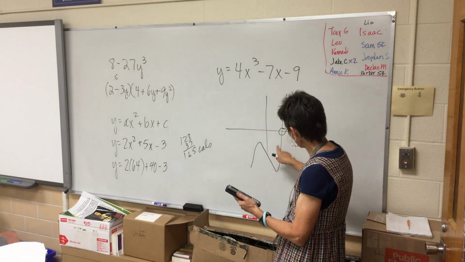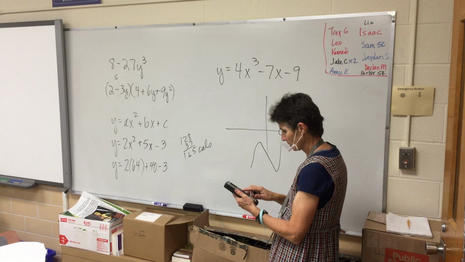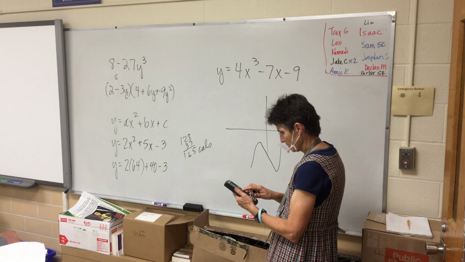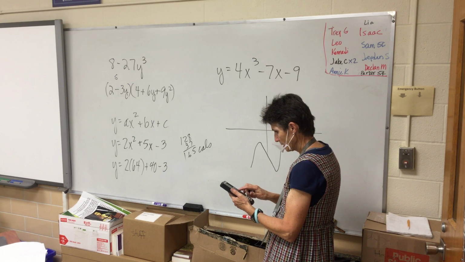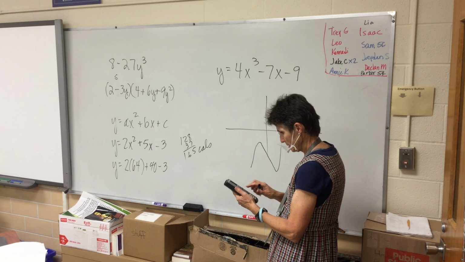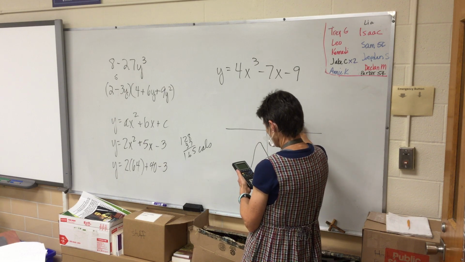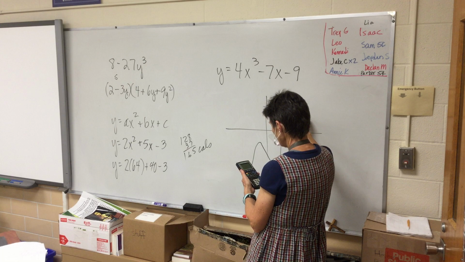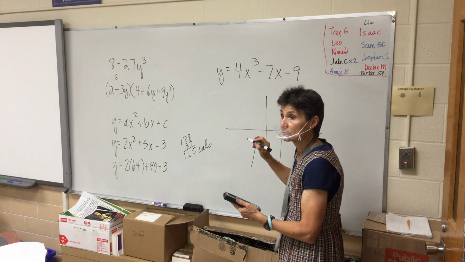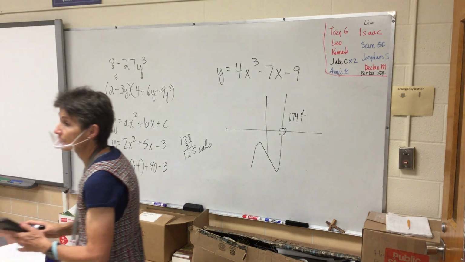And then we have to have our bound set somewhere over here, and somewhere over there, and then in between. What did you get? Let's round it to 1,000ths. 1.744. So that definitely is old news. We've practiced that.